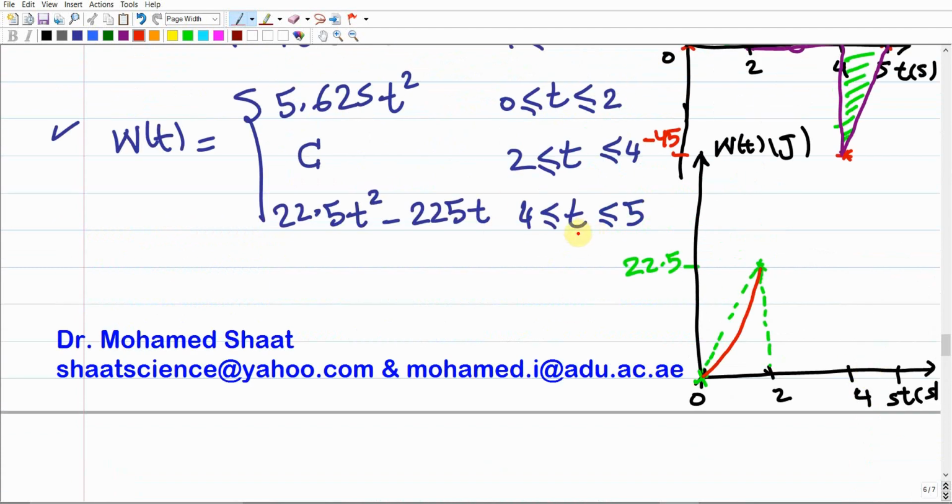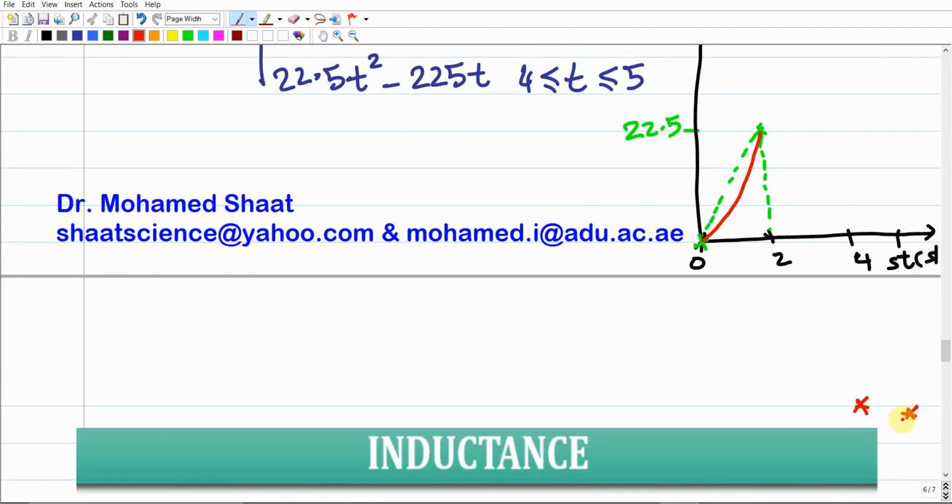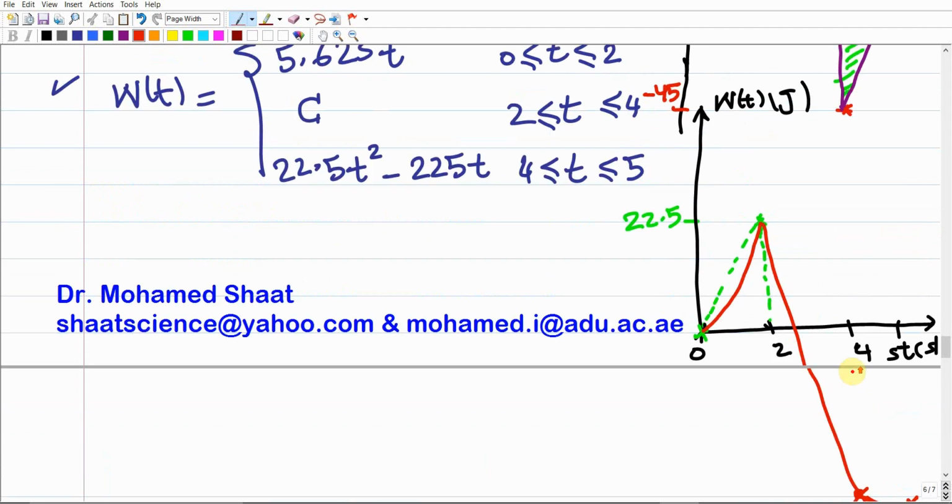And if you plug in t equals 5, this gives us 25 times 22.5, negative 225 times 5, which gives us negative 562.5. It means you end up with another point somewhere here, so we end up with a curve down here. And if you connect these 2 points together, we end up with a line.